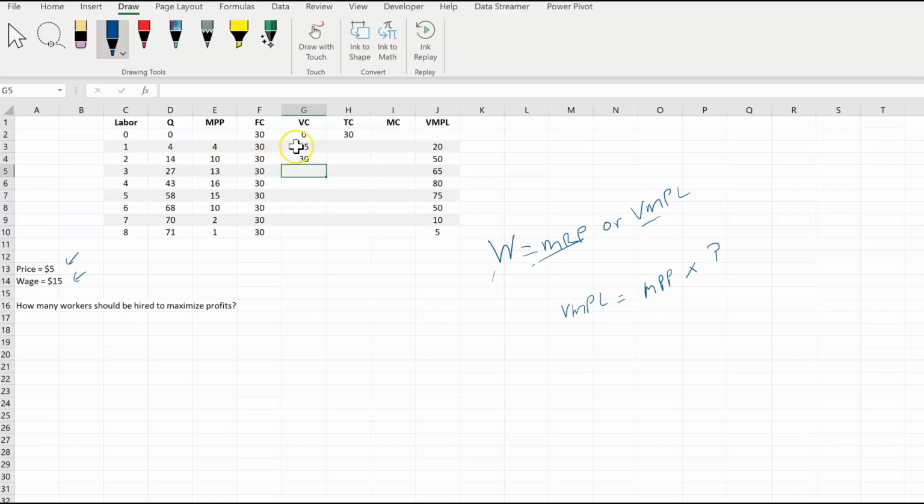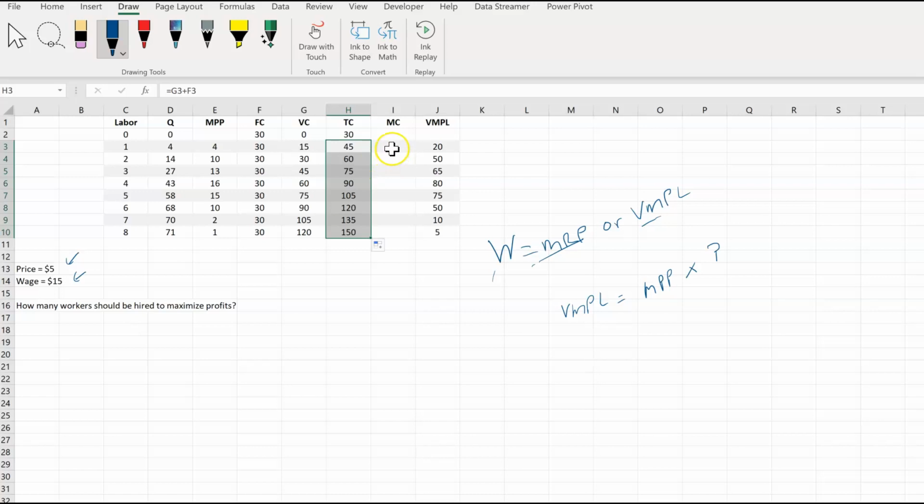And then I'm going to autofill that down. And total cost is going to be simply variable costs plus fixed costs. Do it one more time, variable costs plus fixed costs, and autofill this down.